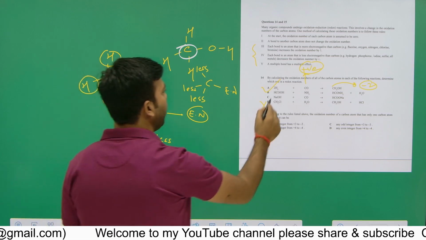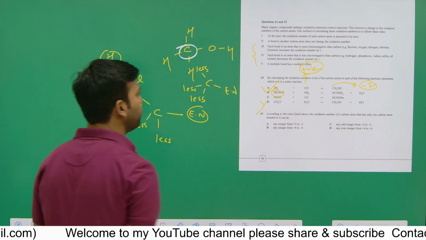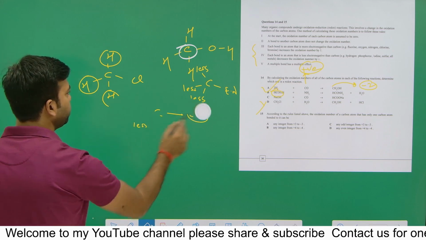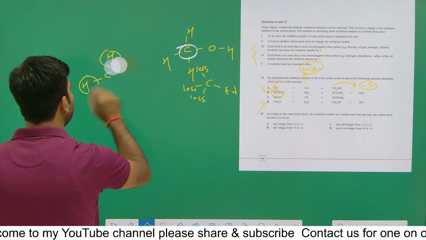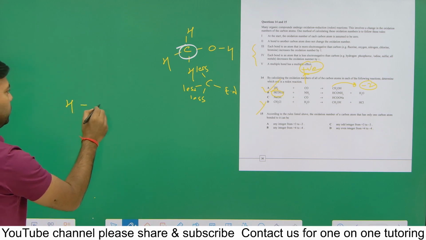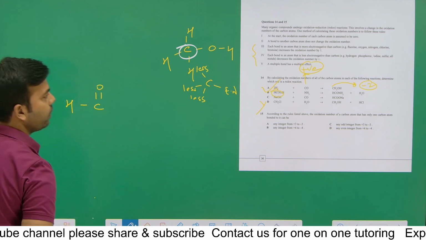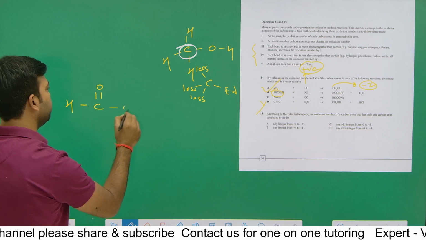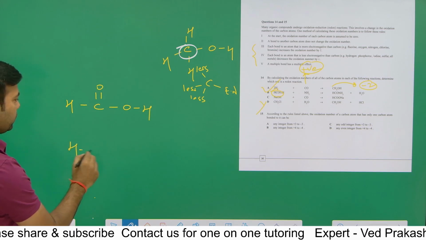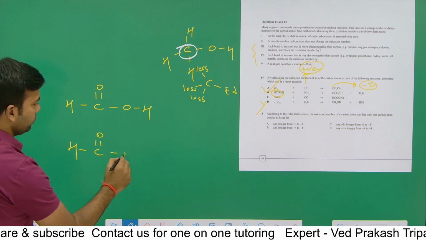Same thing you can apply with the B option as well. We have HCOOH and HCONH2. H, C double bond O and OH. Look at this bonding, and there is another one, HC double bond O and NH2.